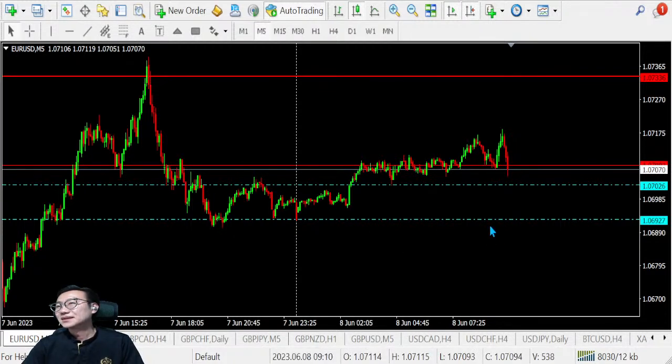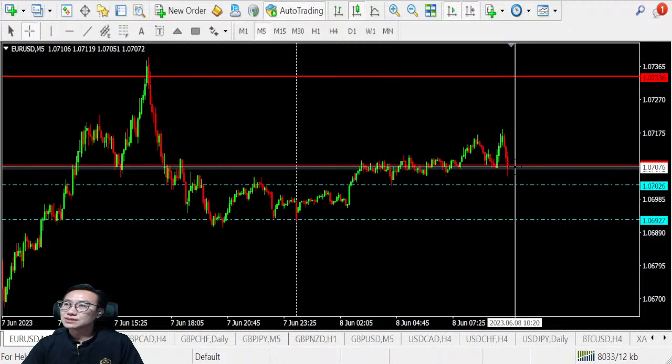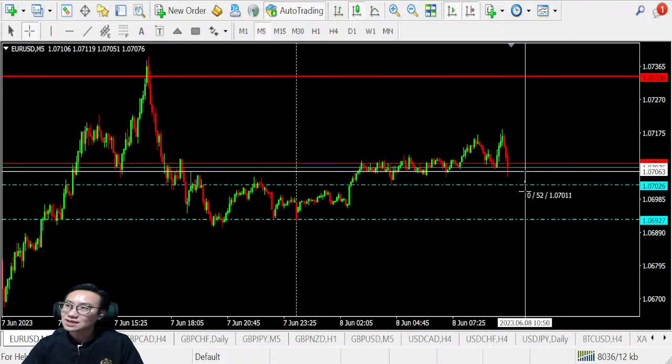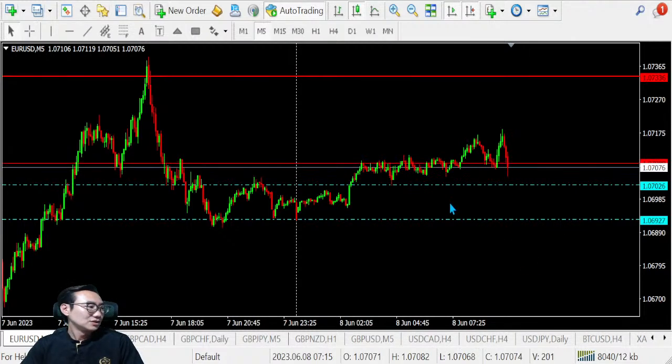Let's see how it goes first. If this is able to break and form another lower high with a resistance, it has a chance to come down here to take this so that it can go further down.